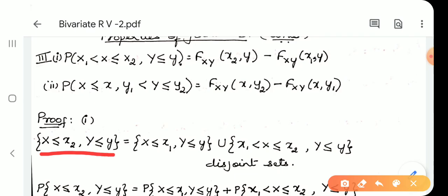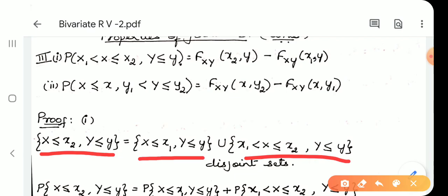Clearly X less than or equal to x2, comma Y less than or equal to y can be written as the union of two disjoint sets. The two disjoint sets are X less than or equal to x1, comma Y less than or equal to y, union x1 less than X less than or equal to x2, comma Y less than or equal to y.